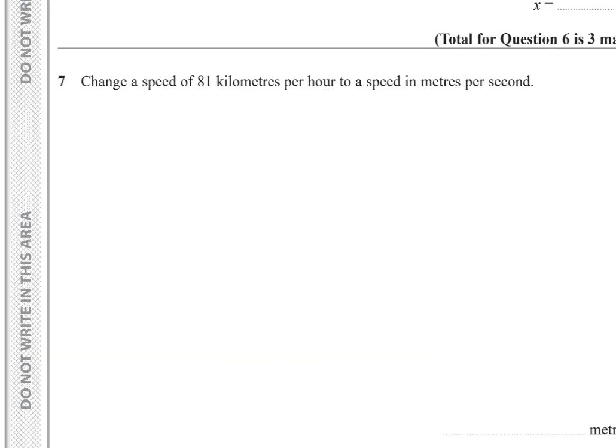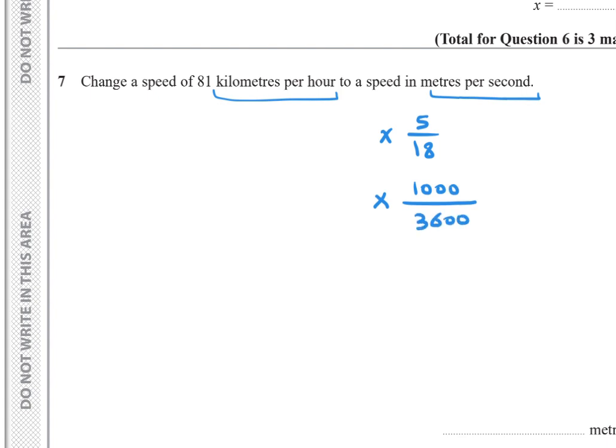Number 7. Change a speed of 81 kilometers per hour to a speed in meters per second. To change from kilometers per hour to meters per second, multiply by 5 over 18, or multiply by 1000 over 3600.